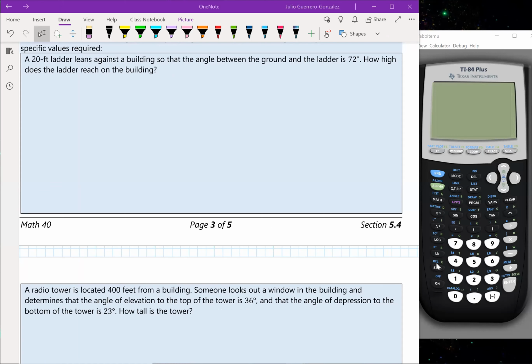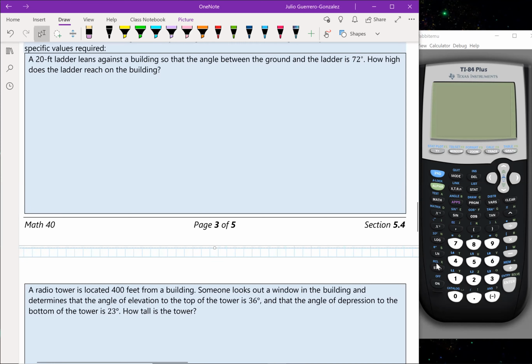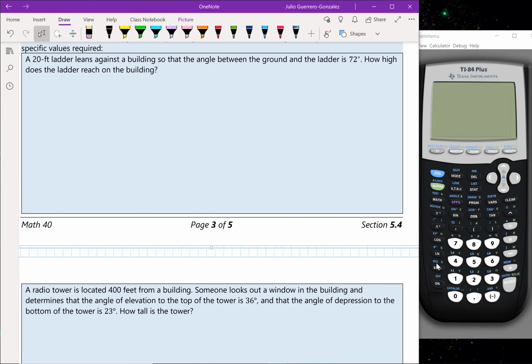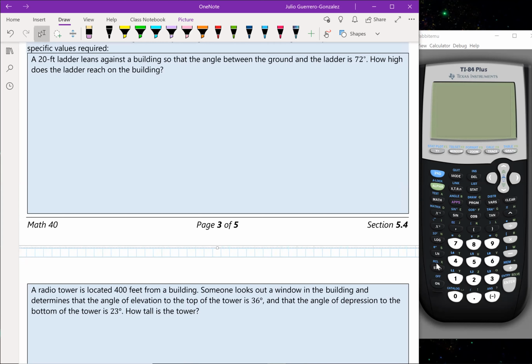Like I said, nearly all of these are going to require you to draw some sort of picture. So that's the first thing I'm going to start with. Here's my wall. Here's the floor. And here's the ladder.